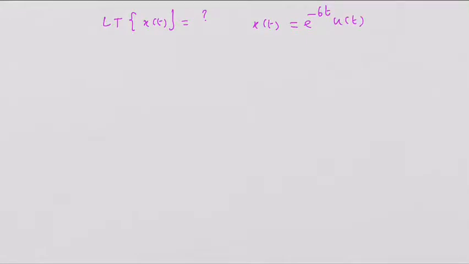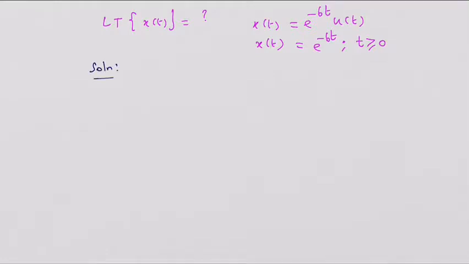As you all know, e power minus 6t u of t can be written as e power minus 6t only for the positive values of t, and x of t is a causal signal. For such a signal, I am going to determine the Laplace transform. So let me start with the solution here.